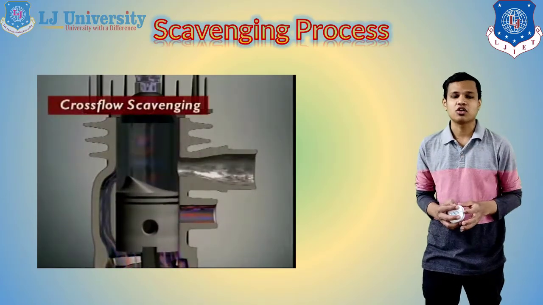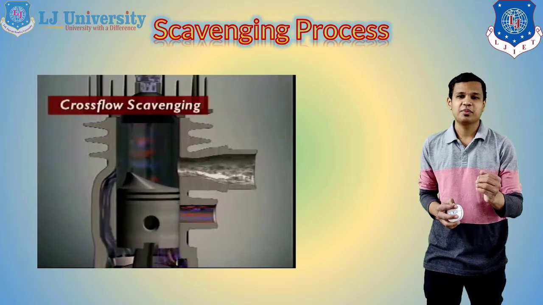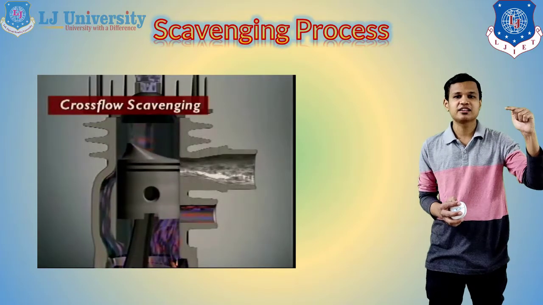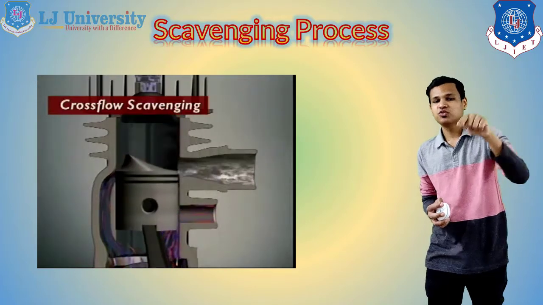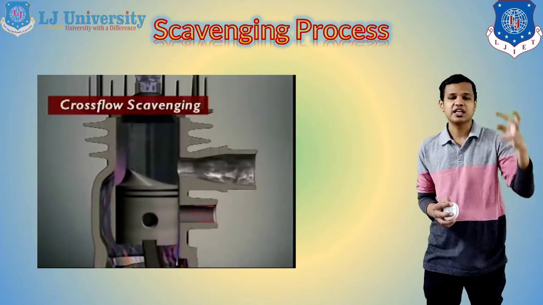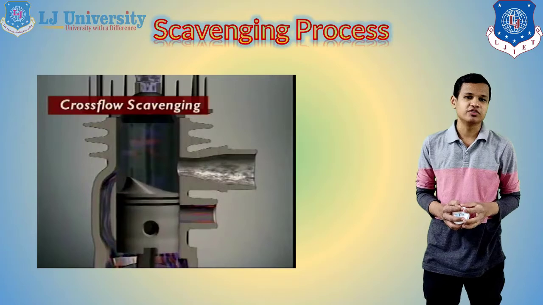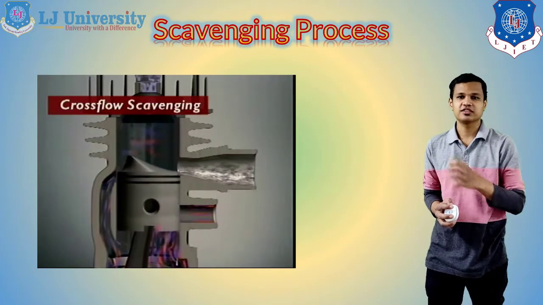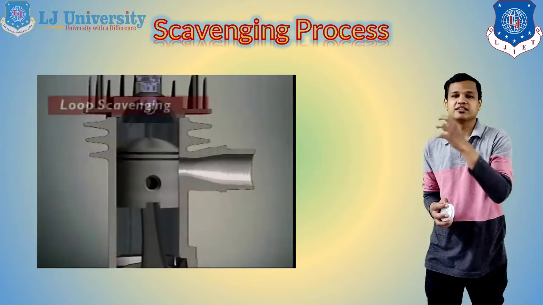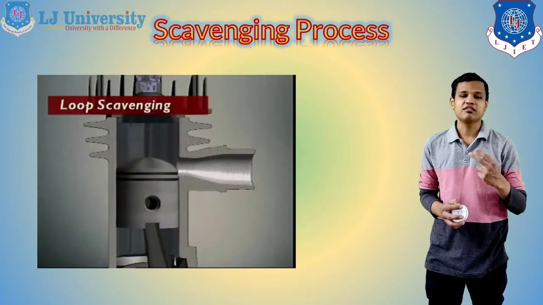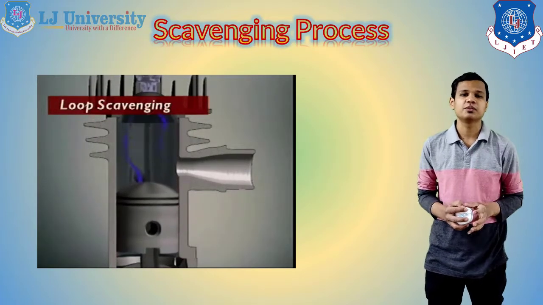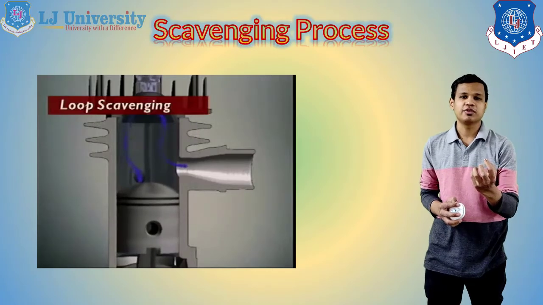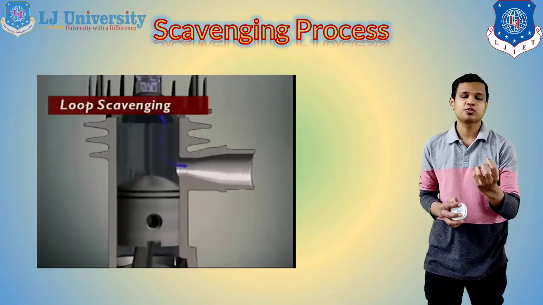You can see right now the cross flow scavenging that is happening. From the left side, the transfer port provides the inlet charge, and that inlet charge forces the exhaust gases out by the opposite direction flow of the inlet charge and exhaust gases. The second one is loop scavenging, where from behind the piston the inlet port or transfer port is provided.